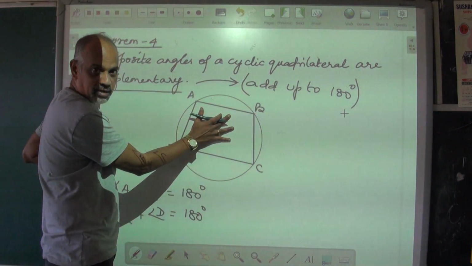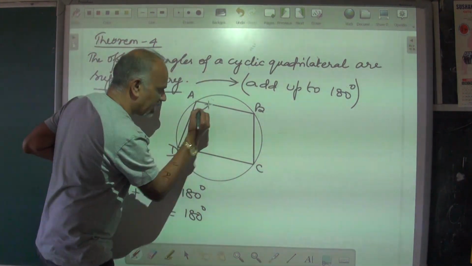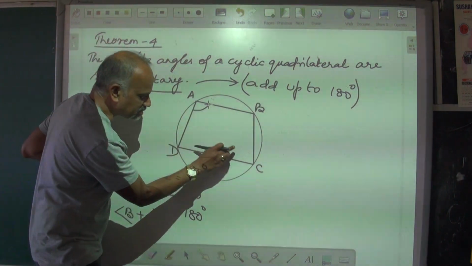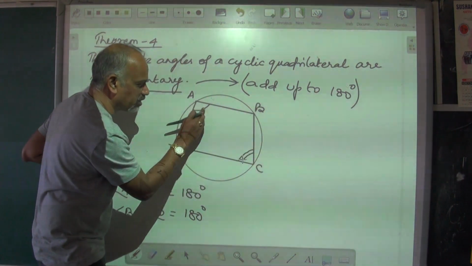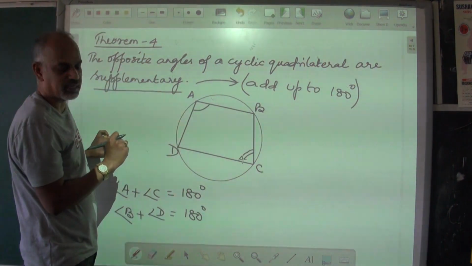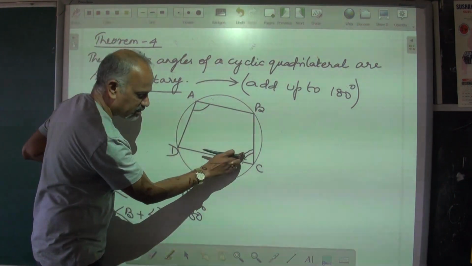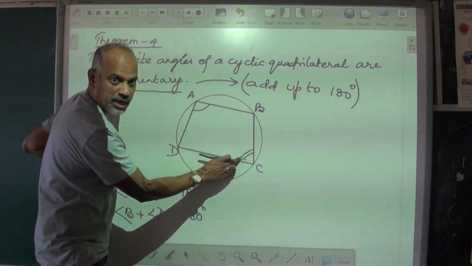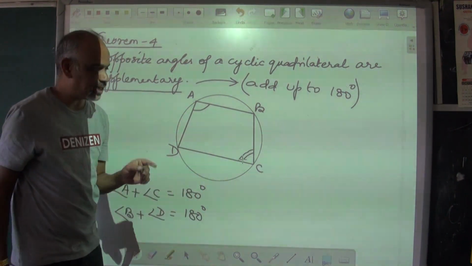This is the cyclic quadrilateral. If I consider A as one angle, opposite to this is C. That's the second angle. These two added together should give you 180 degrees. That's why it says it should be supplementary. That is, A plus C should give you 180 degrees.